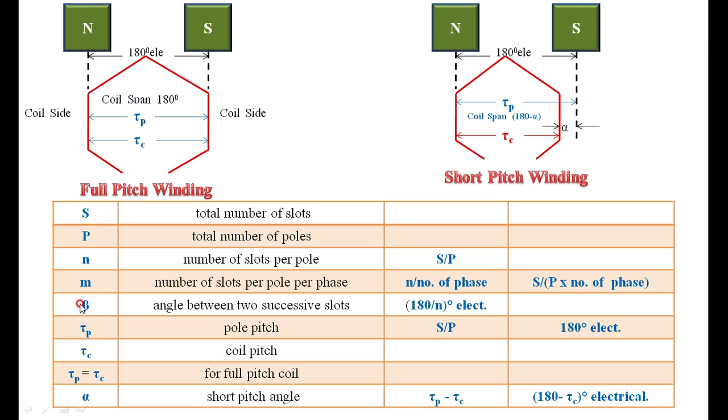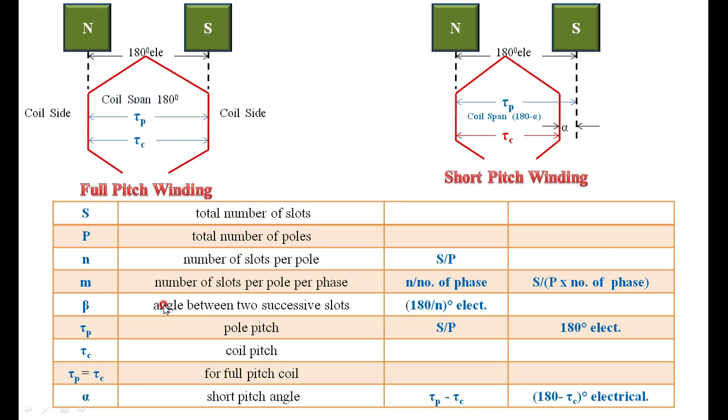Then we are interested in the angle between adjacent slots, which we call beta. Beta is the angle between two successive slots.